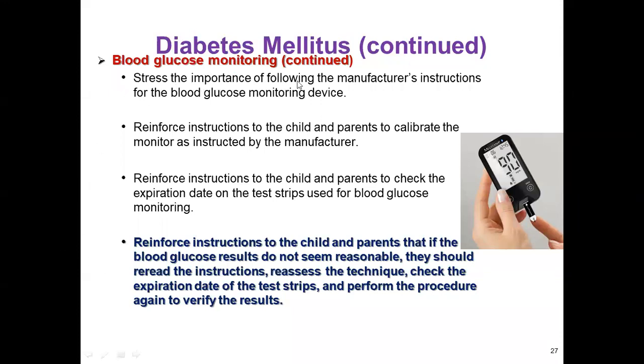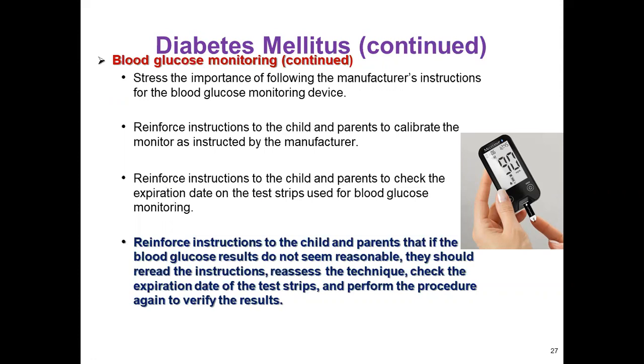Stress the importance of following the manufacturer's instructions for the blood glucose monitoring device. Reinforce the instruction to the child and parents to calibrate the monitor as instructed by the manufacturer. Reinforce the instruction to check the expiration date, right?